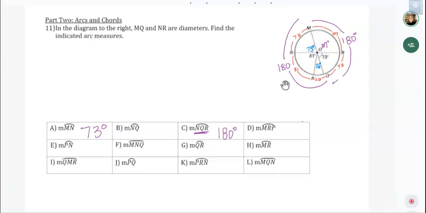What about, let's do K? PRN is what I want to look at. So go from P to R to N. So P to R to N is how many degrees? Should be bigger than that. It's going to be more than 180. It's the long way around the circle. So let me highlight it for you so you can see. So it goes P, R to N. So it's everything but this slice right here.